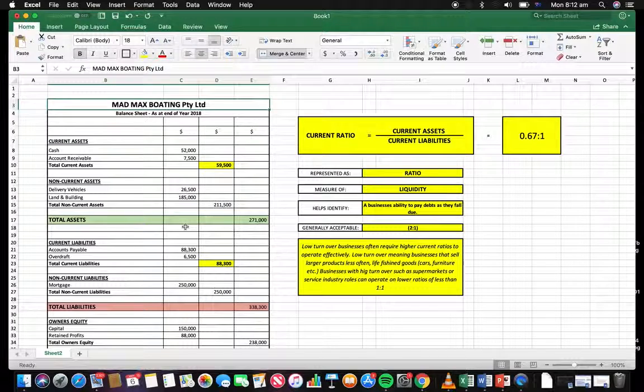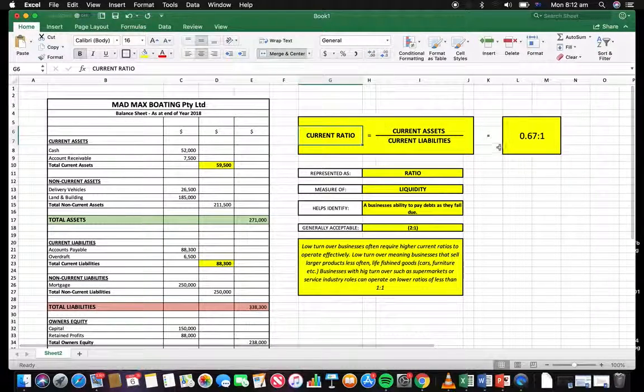We're not looking at turning over heaps of units in a year in comparison to, say, a fishing store or your local corner store. So we would consider this a low turnover business. So interpreting that data, what do you think? Do you think it's a good current ratio or a bad current ratio? I'll leave that thought with you, but that's how we look at the current ratio, getting the number and how we represent that figure.